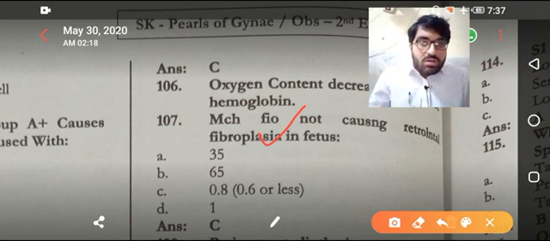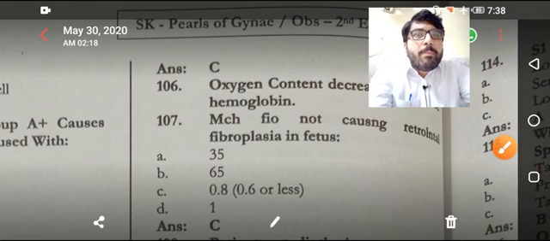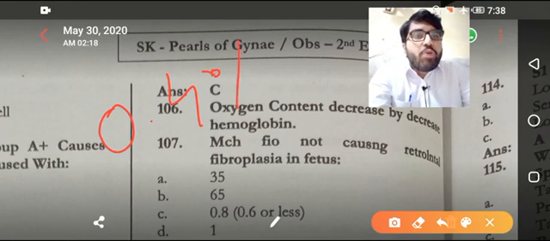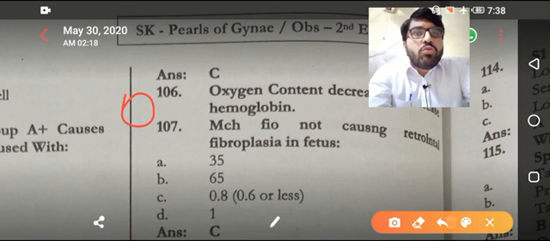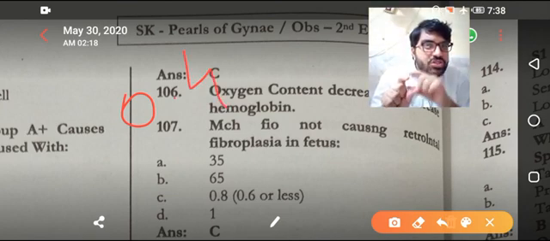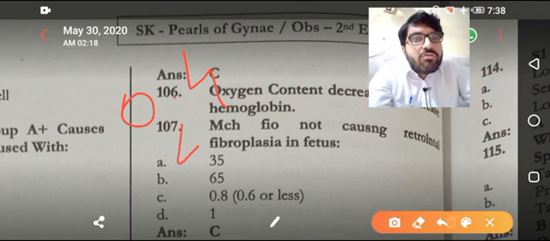Now you have to open your mind, because which FiO2 causes retrolental fibroplasia? That is 0.4 FiO2, or we can write it as 40%.